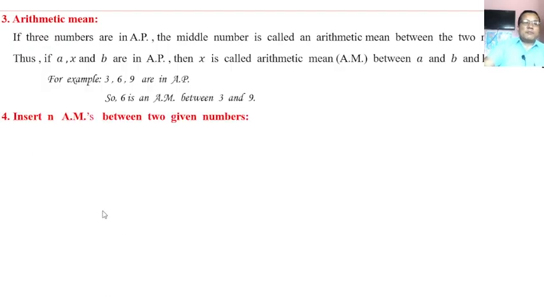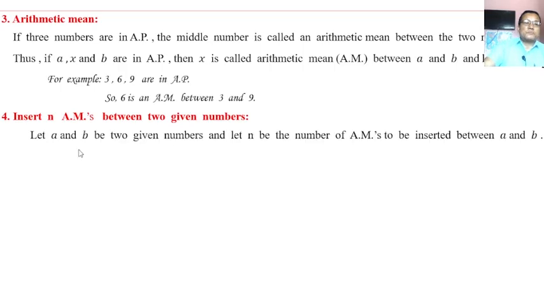Insert n arithmetic means between two given numbers. Let small a, small b be two given numbers and let n be the number of arithmetic means to be inserted between a and b.